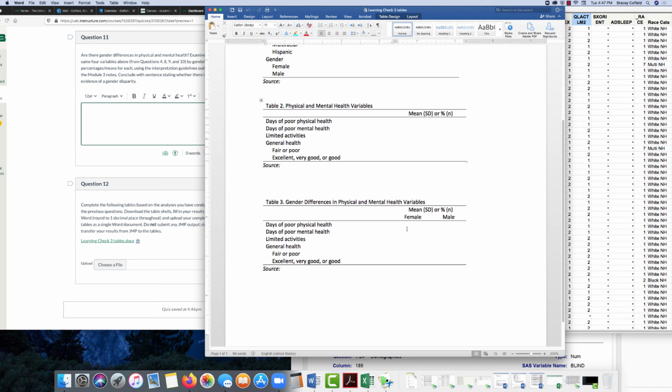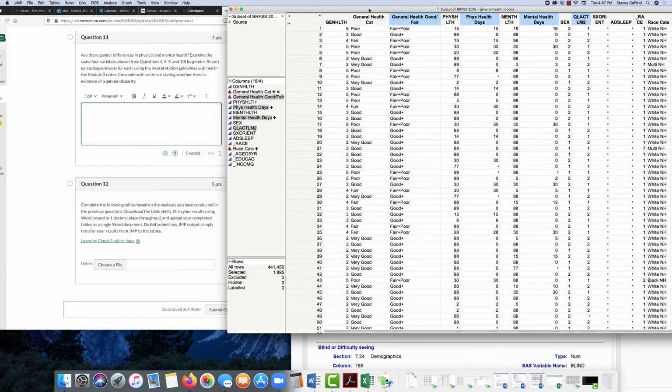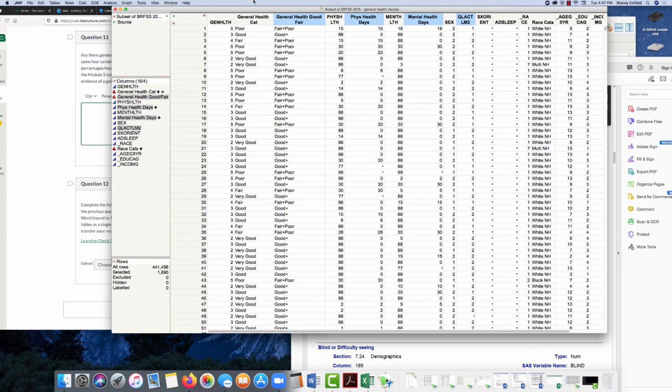and upload the table. And in fact, it's easier to start with the table, and then you can go back and answer the questions. The key here is to be very methodical about your recoding. Don't take shortcuts. Take the time to recode your variables correctly, and remember to always save your data so that if you have to stop and go back in, you don't have to recode it.